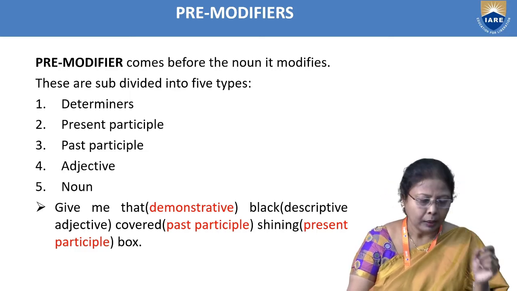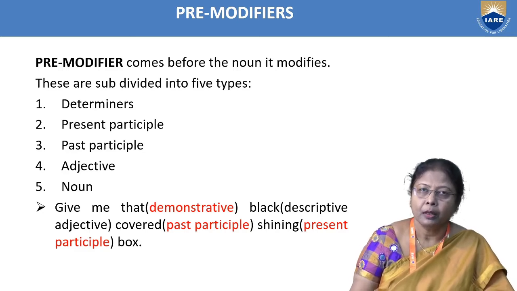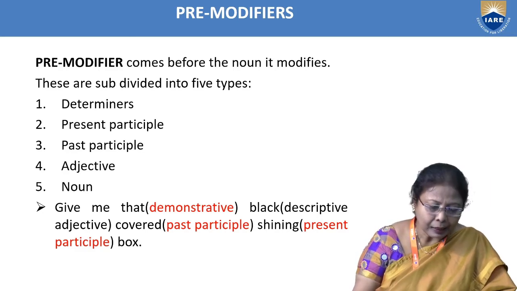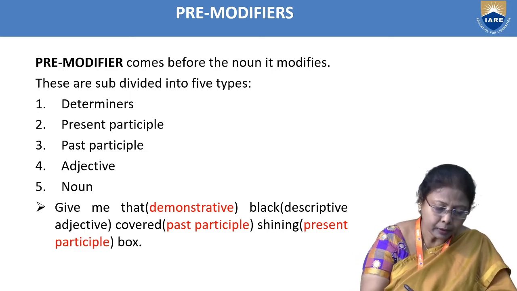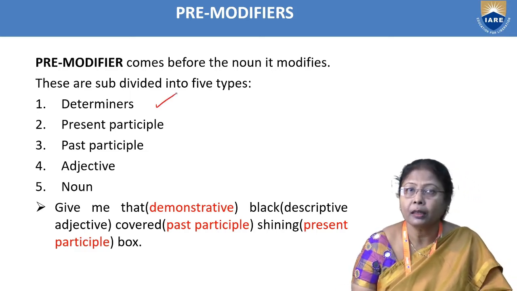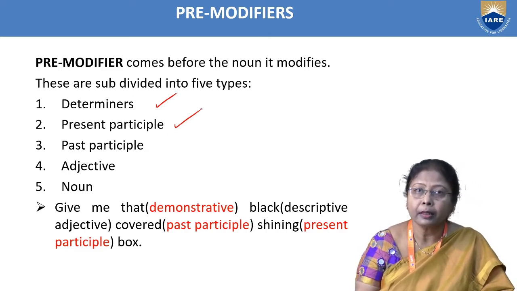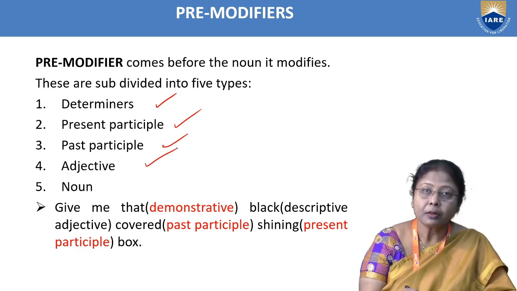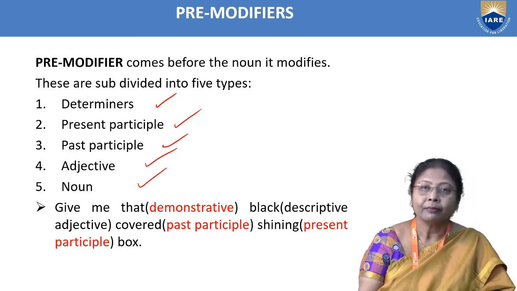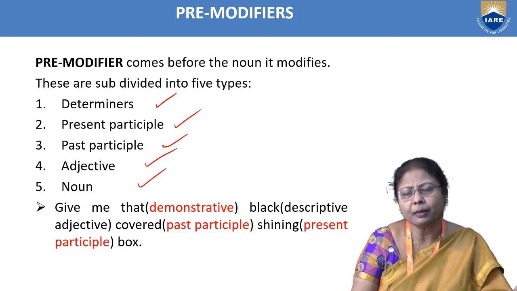Now, let us go in detail with these pre-modifiers first. Pre-modifiers are again subdivided into 5 types. They are determiners, present participles, past participles, adjectives, and nouns. You may get a doubt: how does a noun act as a modifier?